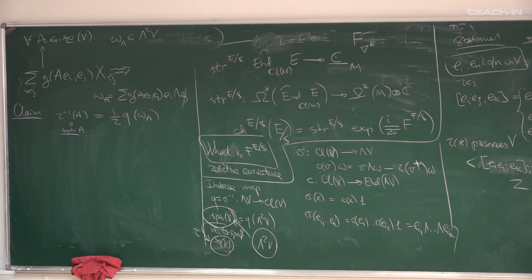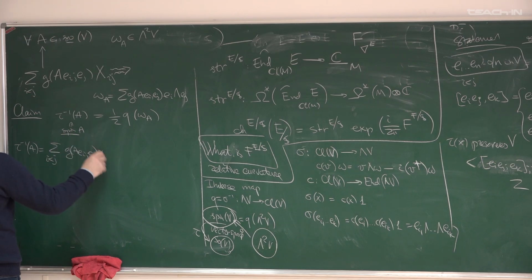Let's check. It's not difficult. How does tau minus 1 act here? It's linear, so we don't worry about coefficients.